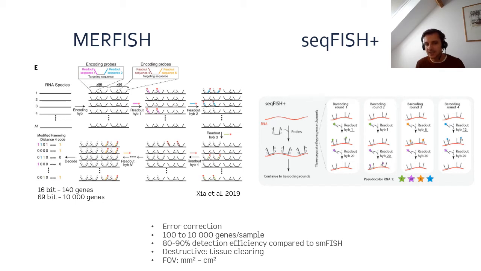These technologies have been demonstrated to interrogate almost 10,000 genes per sample, so very high multiplex capacity. Of course, the detection efficiencies range between 80–90% compared to single molecule FISH, just because of optical crowding and these types of things.